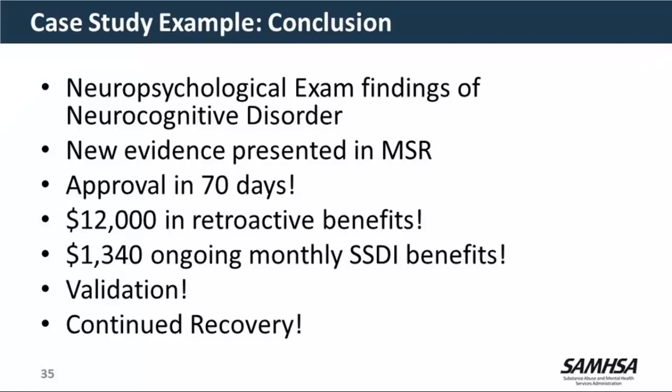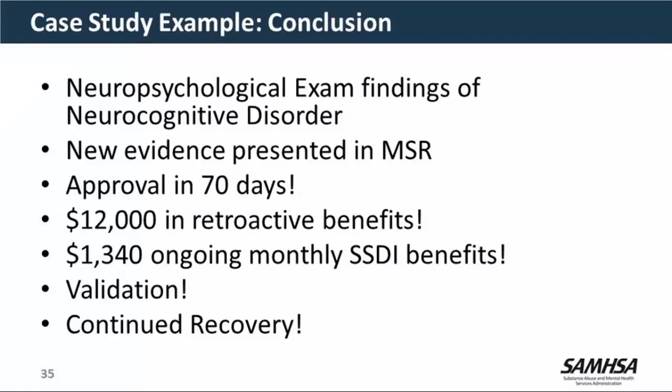This gave him validation. He felt crazy all of these years applying for benefits and getting denied when he knew something was wrong. This validated that he really did have a diagnosis that was worthy of a disability decision, and he was more committed to treatment. He got housing, and he continued his recovery with case management.